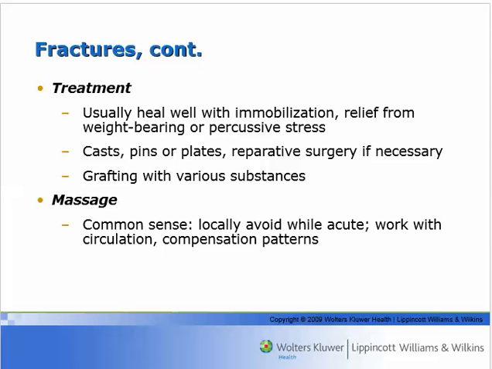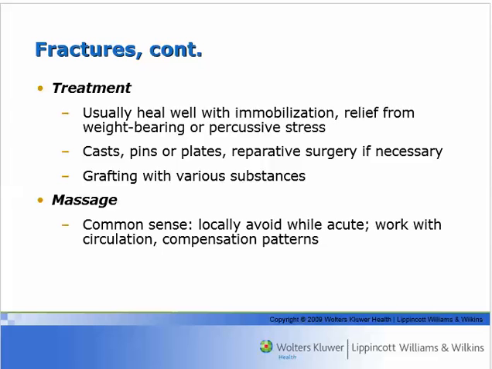By casting or putting pins, plates, that's called an open reduction, if there's surgery involved. A closed reduction is if it's just casted and the skin isn't opened surgically.